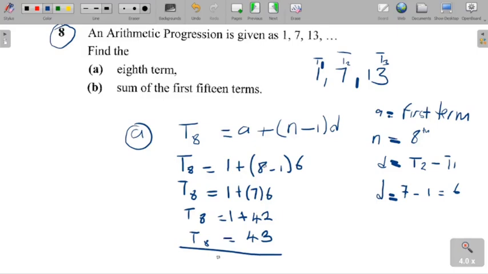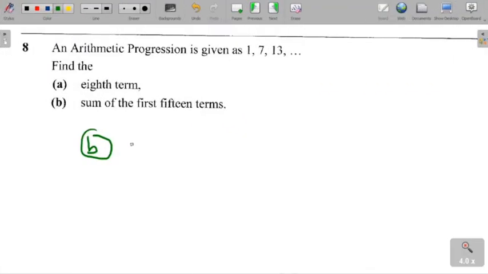Okay, so let's now come to question B. I want us to find the sum of the first 15 terms. In order for you to find the sum of the 15 terms, come up with a formula.